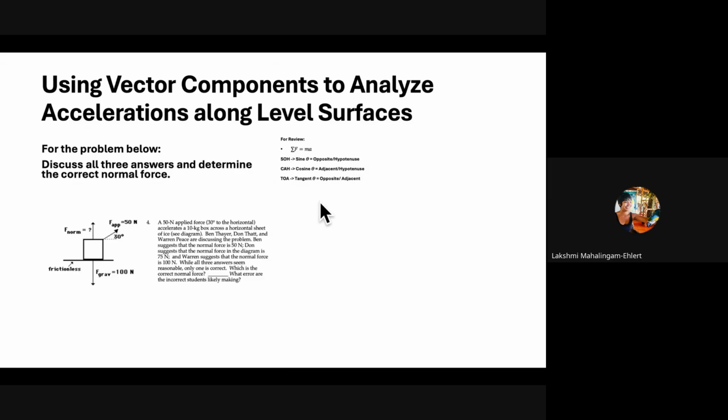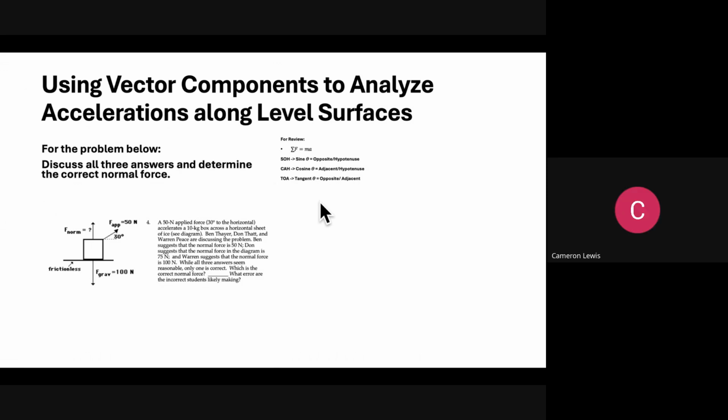Based on the other problem that we did, wouldn't the normal force be F grav minus the y component of the applied force? So 100 minus 25. I think you're on to something.